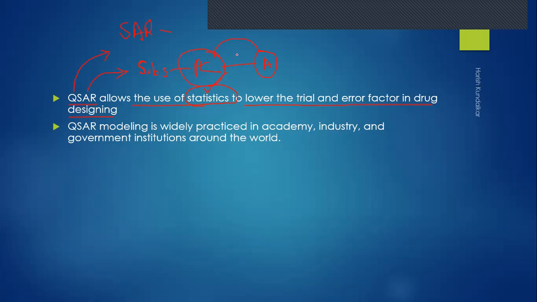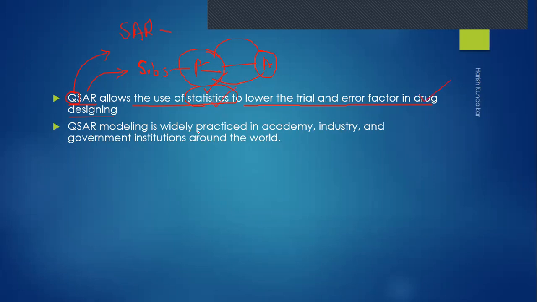When we change the substituent, we check what is happening to the physicochemical property and what is happening to the activity at the same time. In other words, we are trying to derive an equation between the changes in physicochemical properties and the changes in the activity of the molecule. This is what quantitative structure activity relationship is. It uses statistics, and that helps us in drug design.